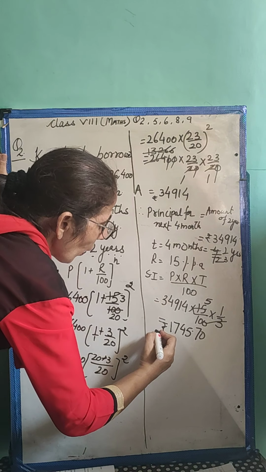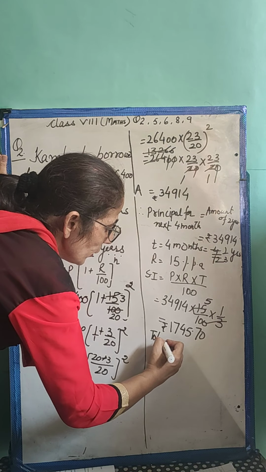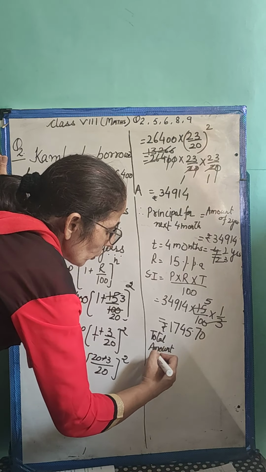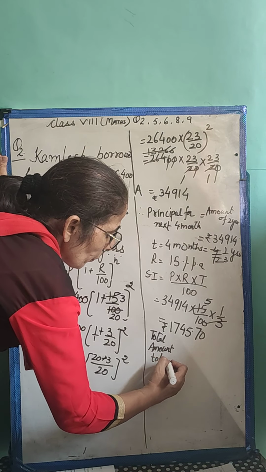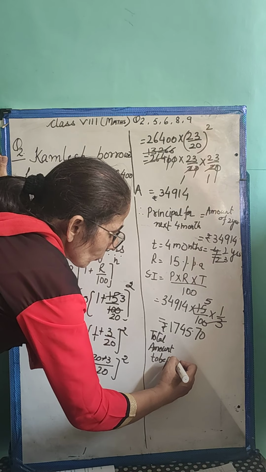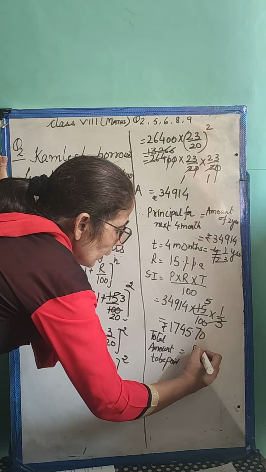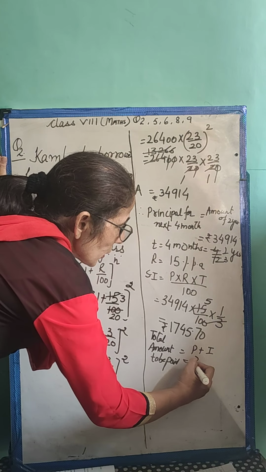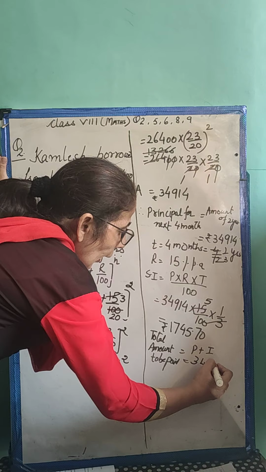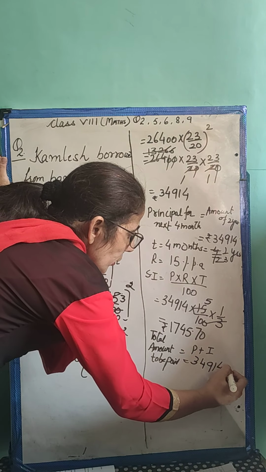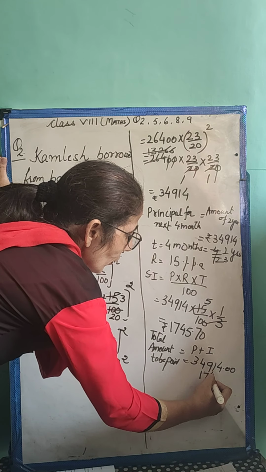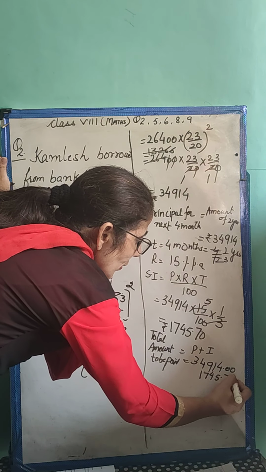So the total amount to be paid will be equal to principal plus interest. Principal is rupees 34,914.00 and interest is 1745.70.